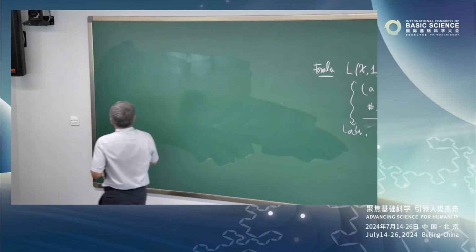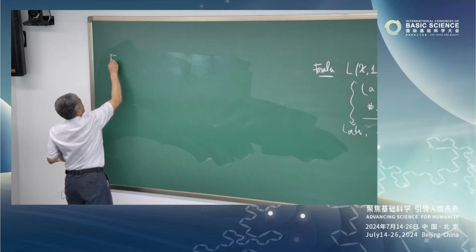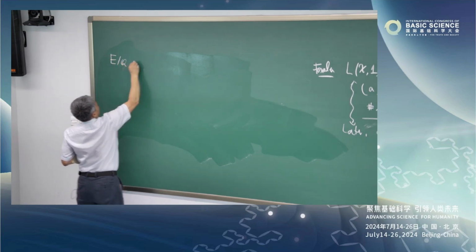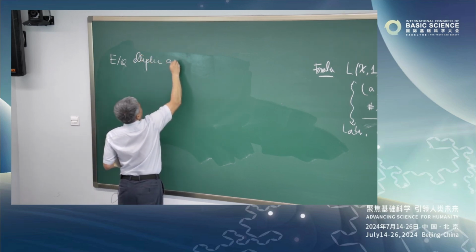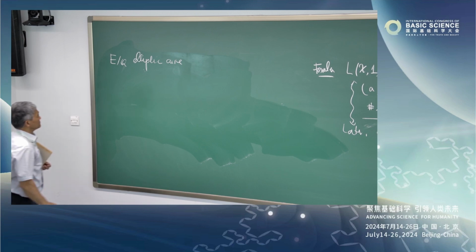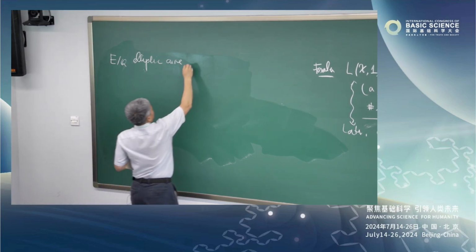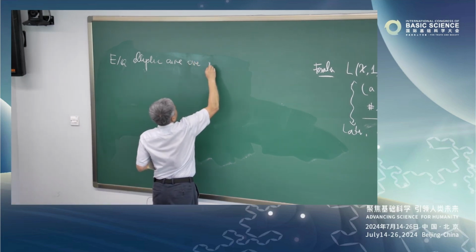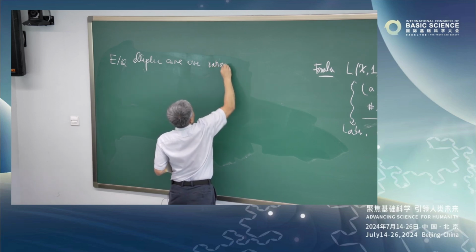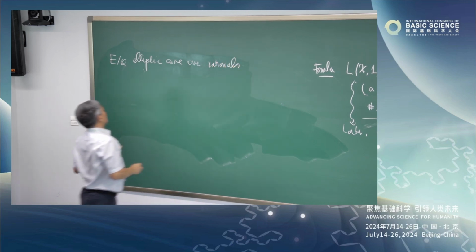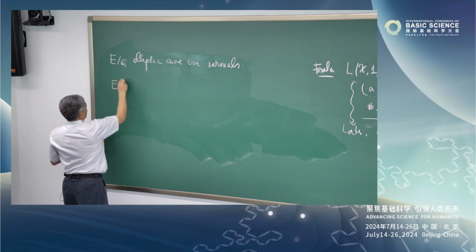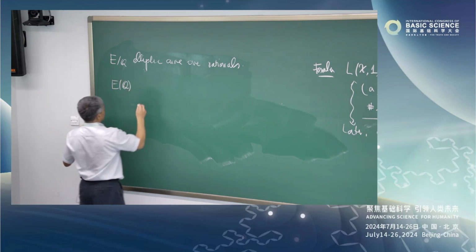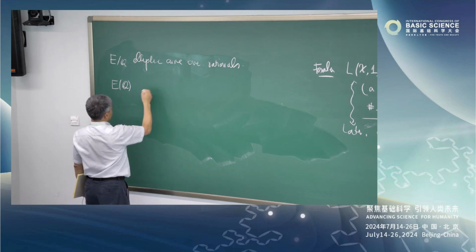Let E be an elliptic curve over the rationals. And so E(Q) is a group.